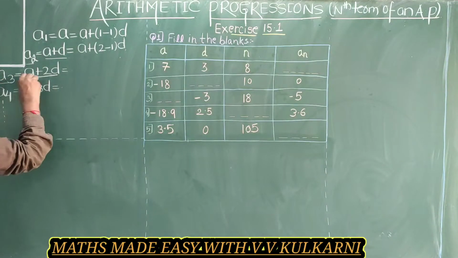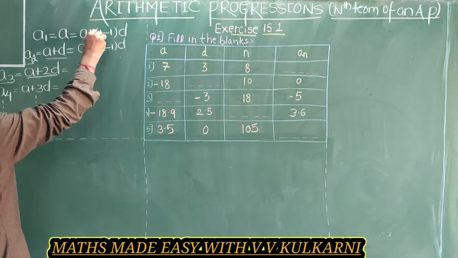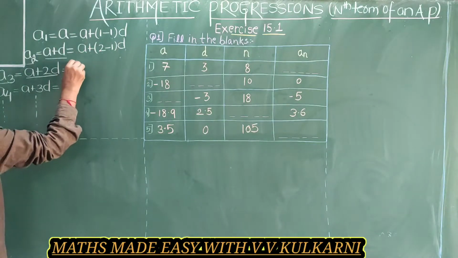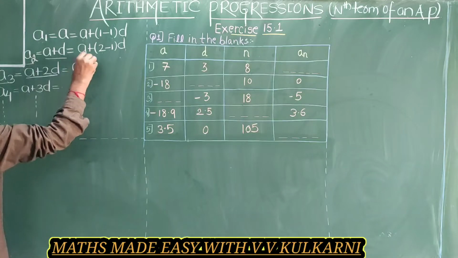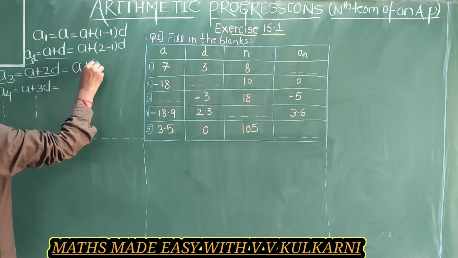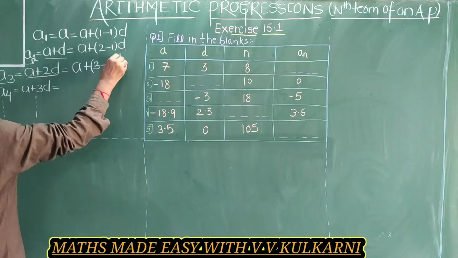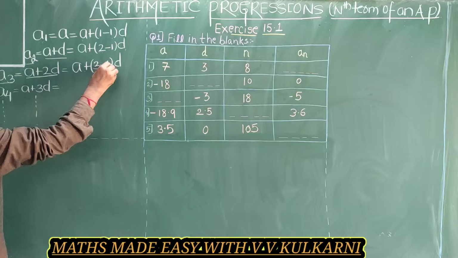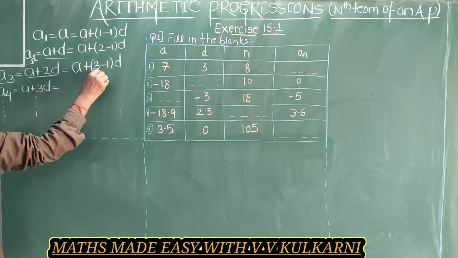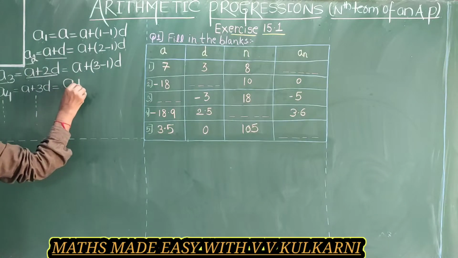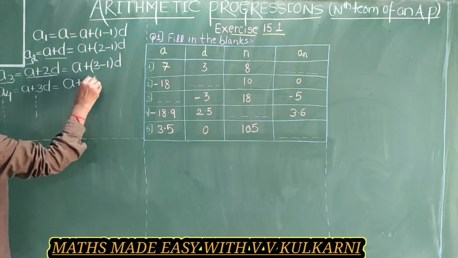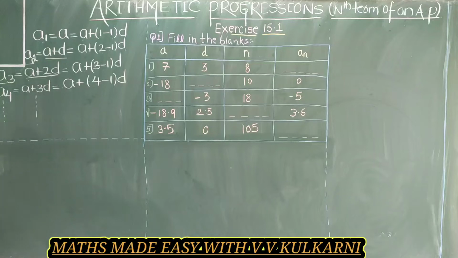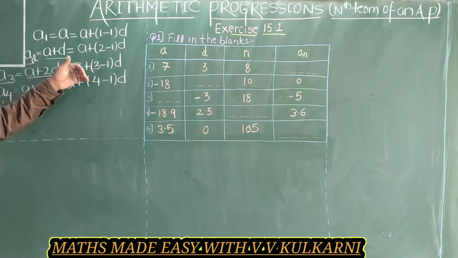In the first term I have written 1 minus 1. In the second term I have written 2 minus 1. In the third term I will write it as A plus 3 minus 1 into D. Again check it out. 3 minus 1 is 2, so A plus 2D. Now the fourth term is A plus 4 minus 1 into D. So just see the pattern.